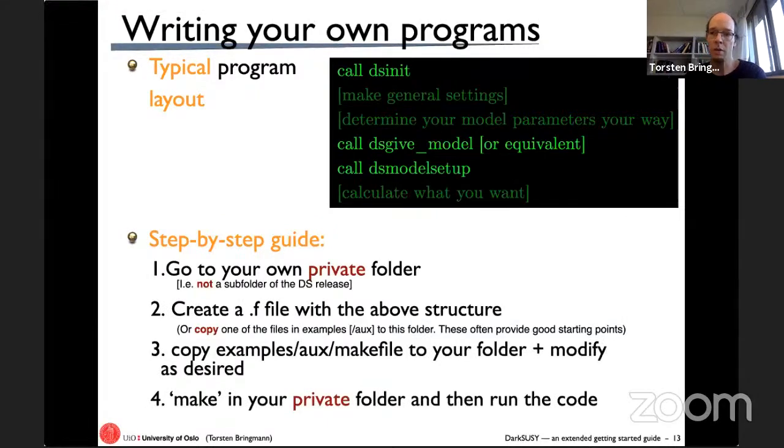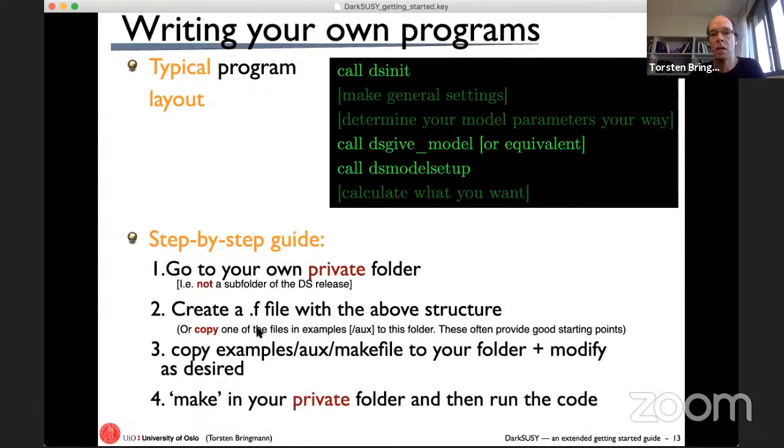Okay, so even more concretely, what you should do is not modify anything in the tree directory of the downloaded DarkSUSY version, but just create some private folder, and write a small main program with this kind of structure.